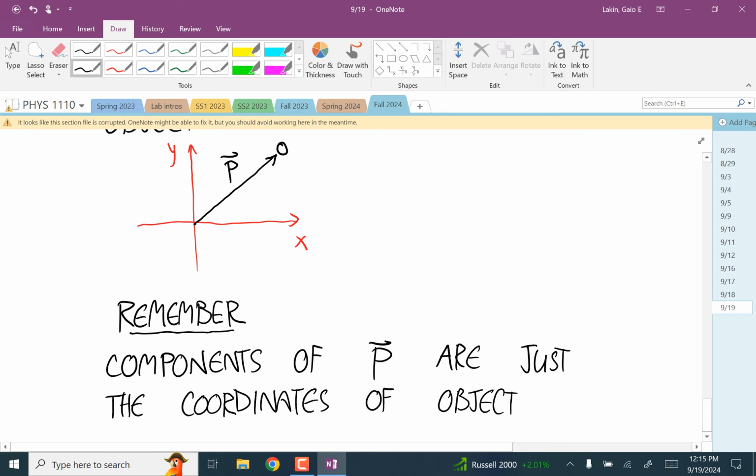So it really is a vector, but you can just think of calculating those values as calculating the coordinates of where the object is at a location.